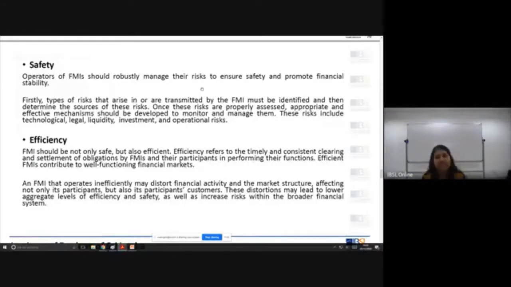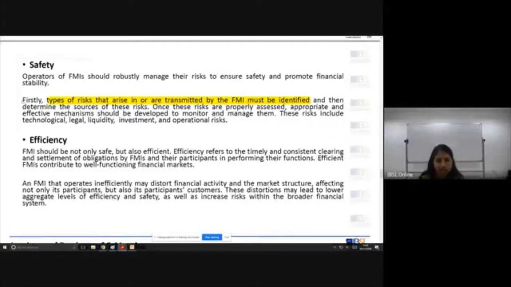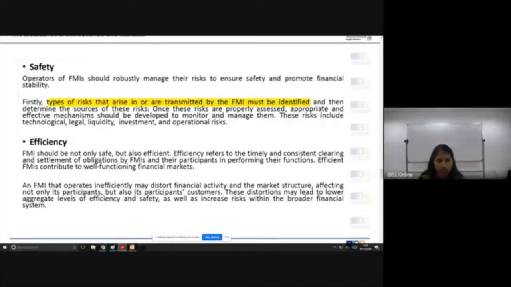There can be certain risks that you're exposed to by doing these transactions through this infrastructure. So first, how do you manage this risk? First, the type of the risk must be identified. Okay. And then you determine the sources of it.